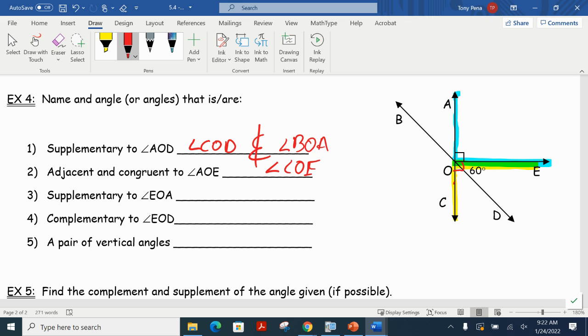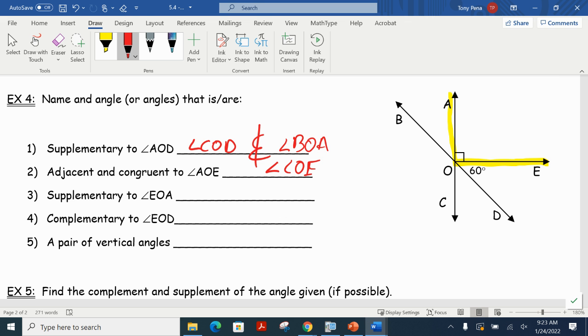All right, 3, supplementary to EOA. So E to O to A. Here is E, here is O, here is A. What do we think?